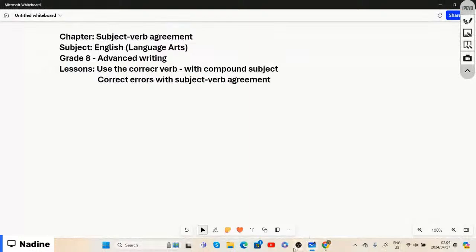All right, so the chapter is subject verb agreement. Our subject is English language arts, grade 8, which is advanced writing.